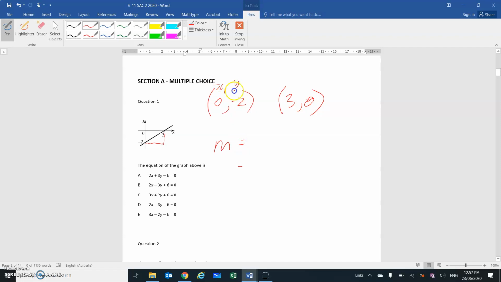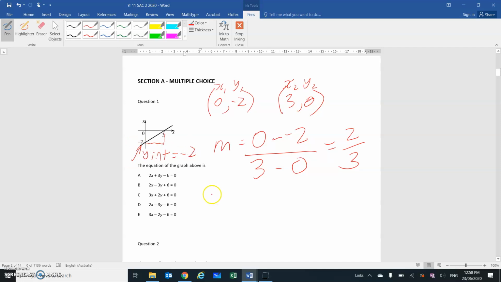It's x1, y1, x2, y2, so y2 minus y1 divided by x2 minus x1, and that gives us a gradient of 2/3. Our y-intercept is -2.